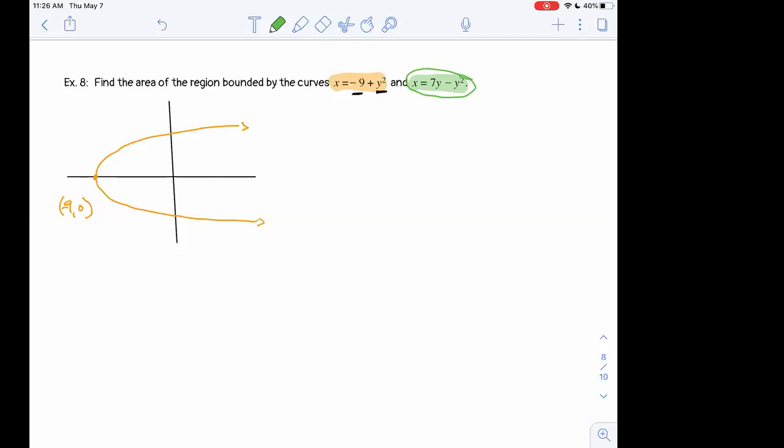And check this out. We're going to even use a strategy we used earlier, which is factor. This means that this parabola does face left, but it's going to cross at y equals 0 and y equals 7. So that's going to look something kind of like that.